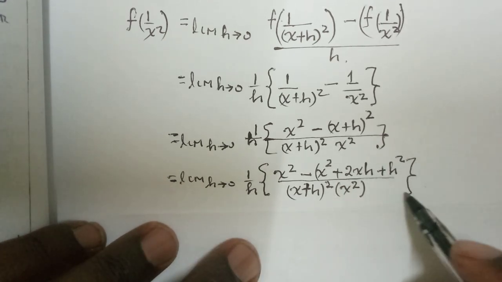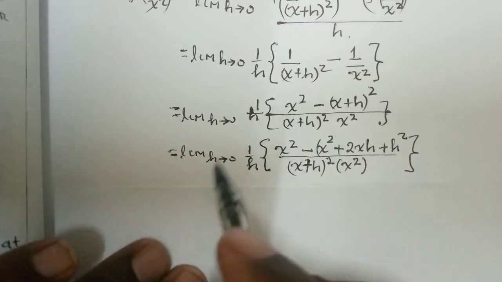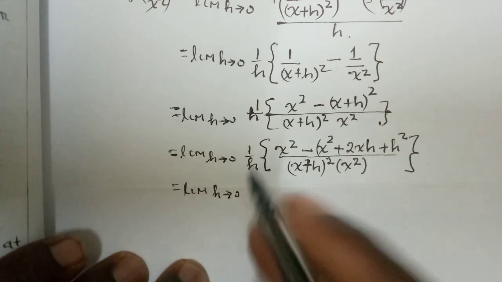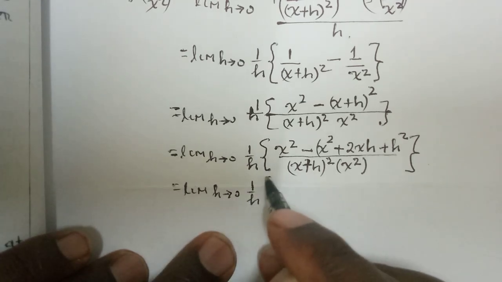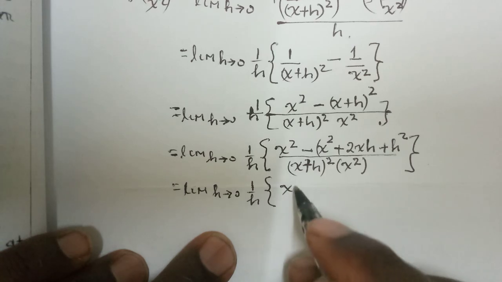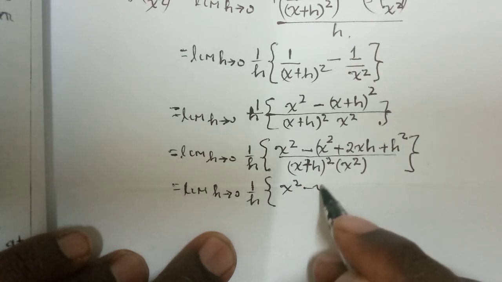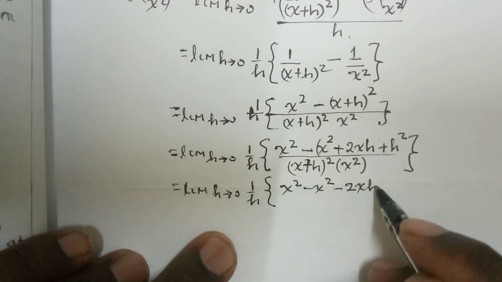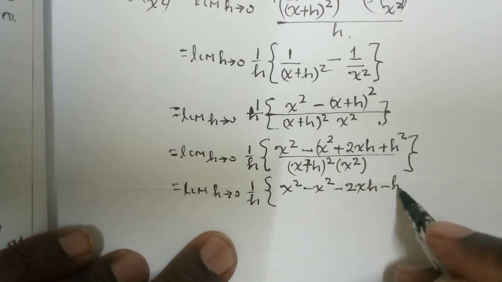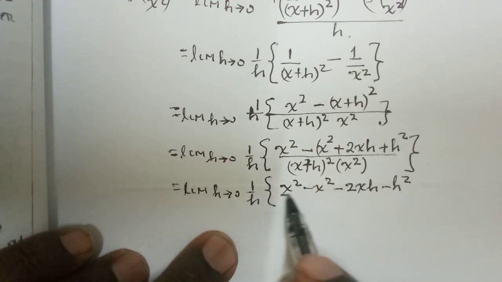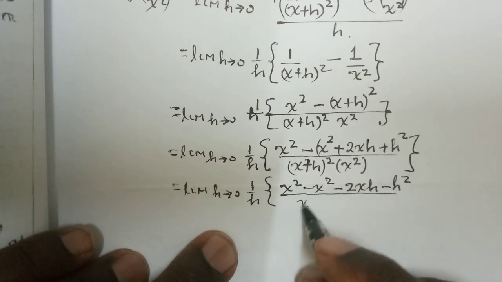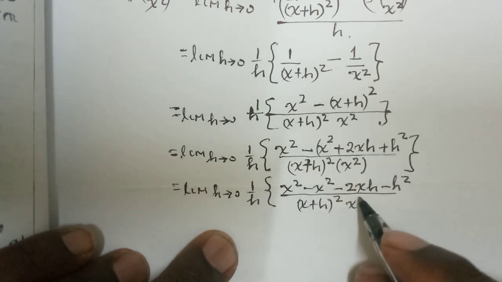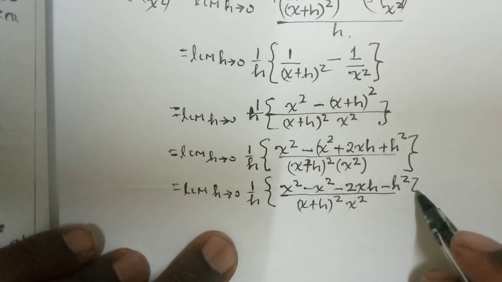So now we come and remove the bracket here. So we'll have limit h tends to 0, 1 over h, x squared minus x squared minus 2xh minus h squared all over (x plus h) squared x squared, like that.